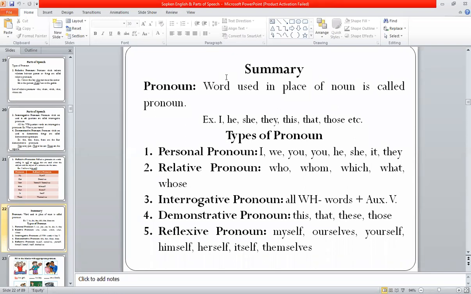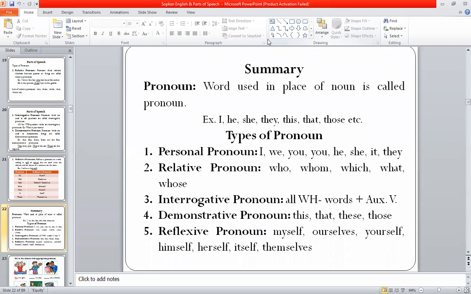And talking about the interrogative pronouns, these are all the WH words which we use at the very start of the sentence, or at the first place of the sentence.